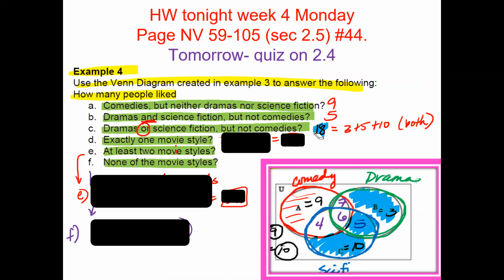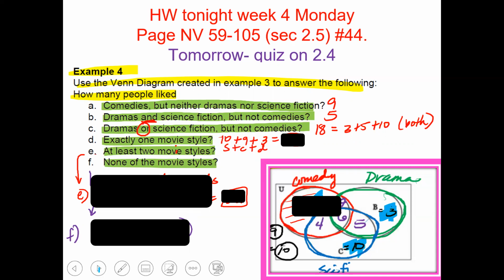And that's a region for C. Okay, for D, exactly one movie style. So it's either going to be comedy or just drama or just science fiction. So I'm going to take the 9, the 3, and 10. And I'm going to add them together. And my total is going to be 22. And if you look at the 9, 3, and 10, there's no overlapping.